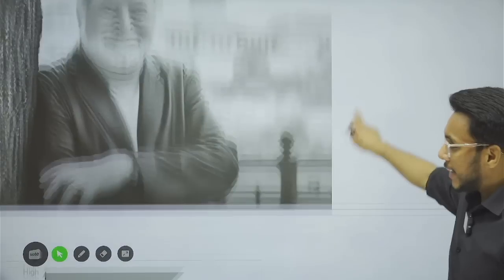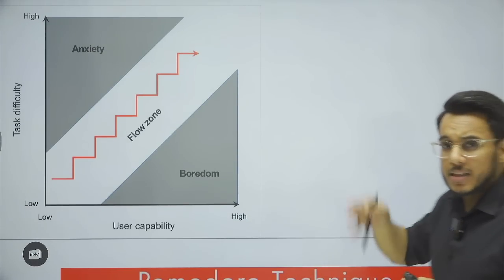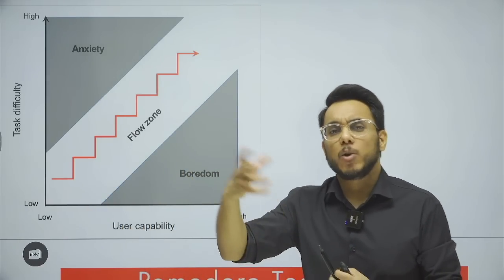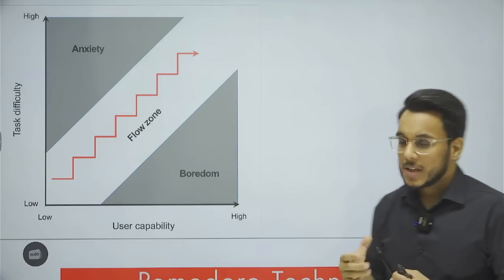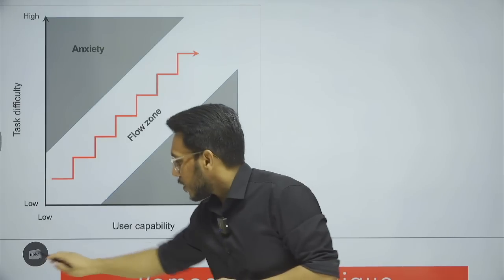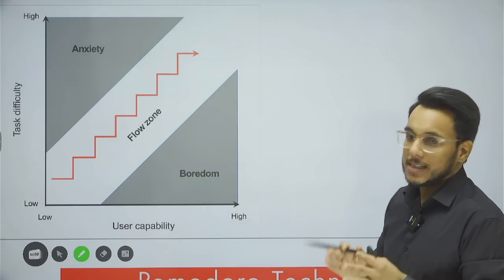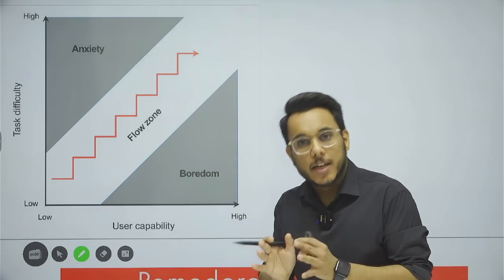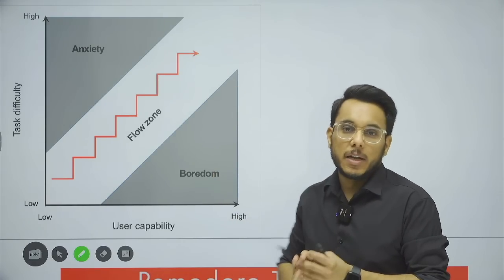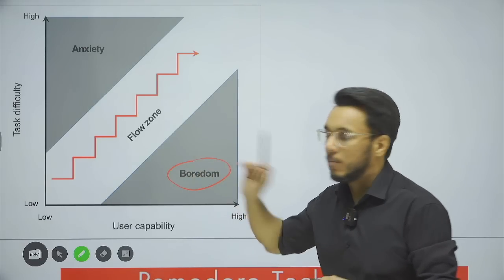Flow state is where we are so immersed in the task that we don't feel any pain, any effort, any hunger, anything. Now, how to achieve that flow state? According to Mihaly, if the task that you have taken is very easy, way below your capabilities, boredom will come.